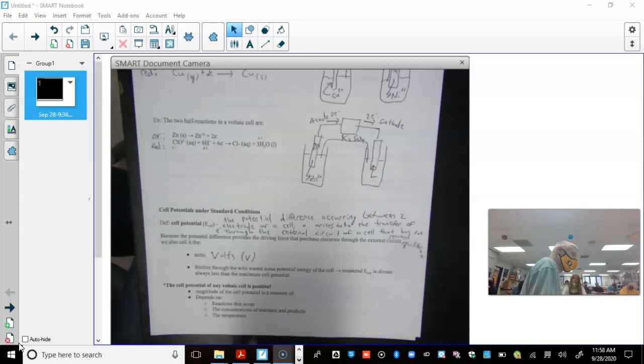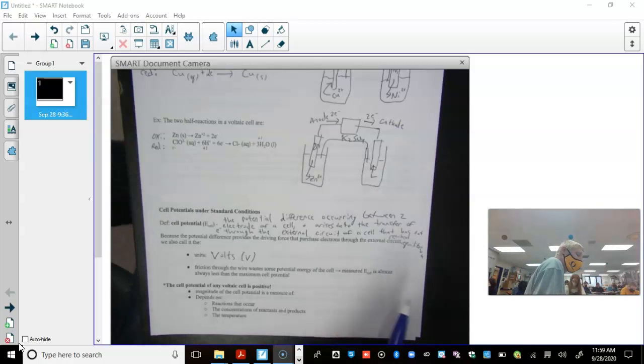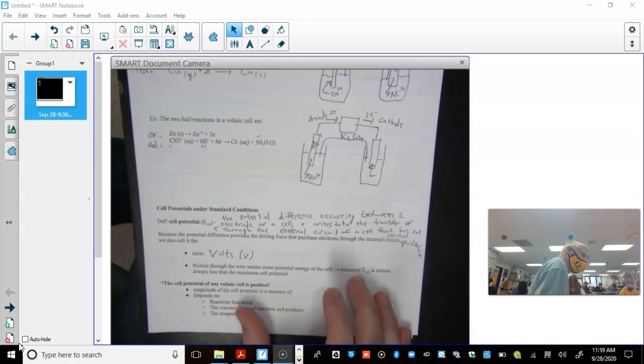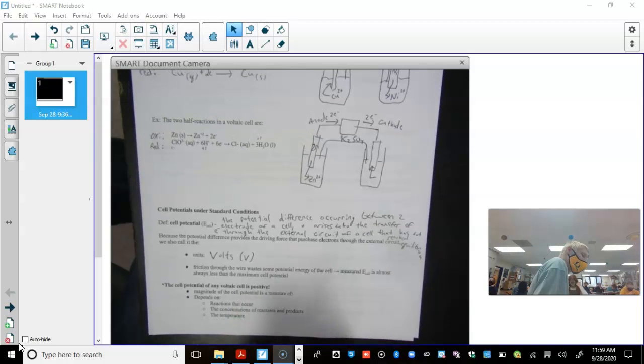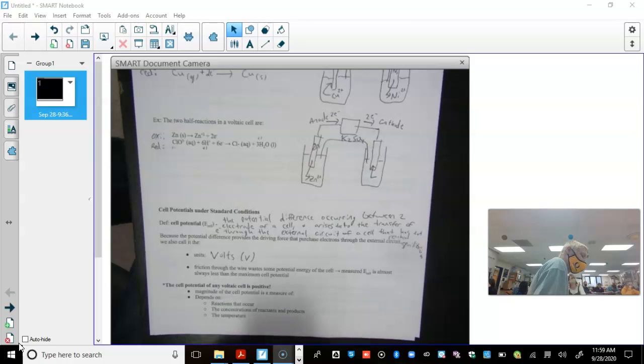There's friction through the wire, which wastes some of the potential energy of the cell, but the measured E cell is almost always less than the maximum cell potential. And the cell potential is always positive. So you're not going to have a negative E cell. It's always going to be positive.